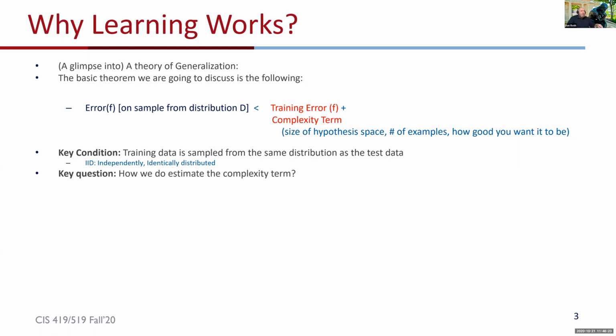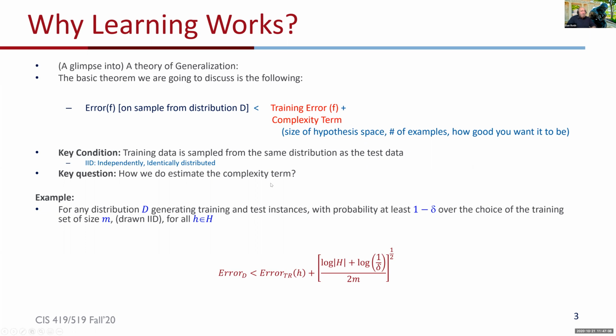So basically, there are some key assumptions and key conditions that we'll have to deal with in order to show that the true error is not too far from the training error as a function of these complexity terms. One key condition is that the training data is sampled from the same distribution as the test data. This is called the IID condition, where IID is independently identically distributed examples. And of course, the key question is, how do we estimate this complexity term?